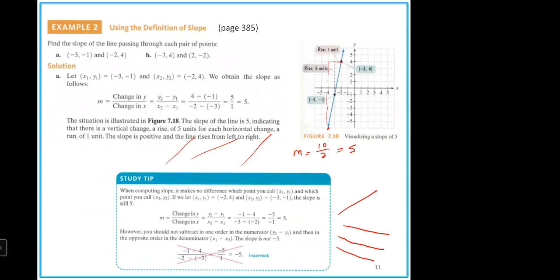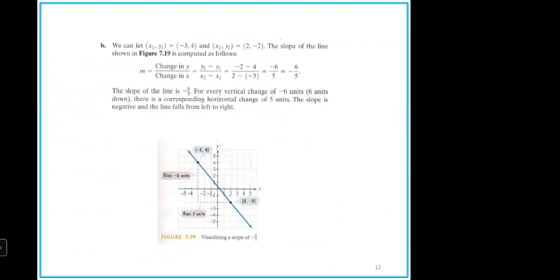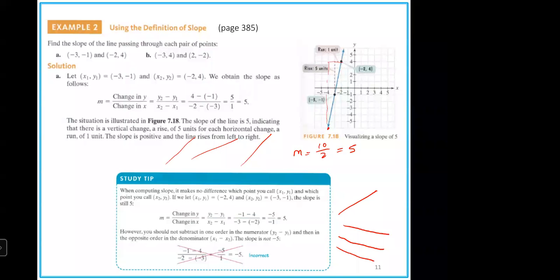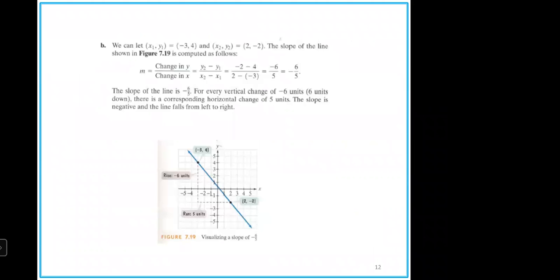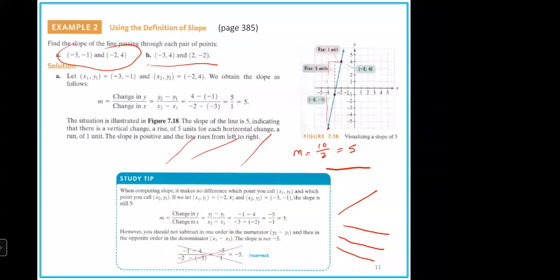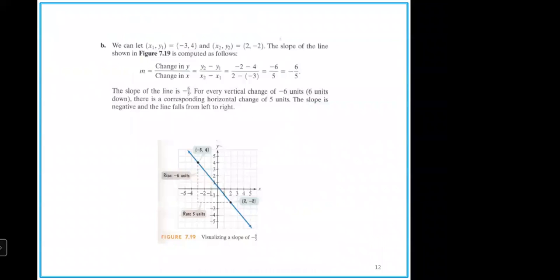So let's look at the second example. So we did the first one just now. We're going to look at this other one. So in the second example, you are given those points again, -3, 4, and 2, -2.